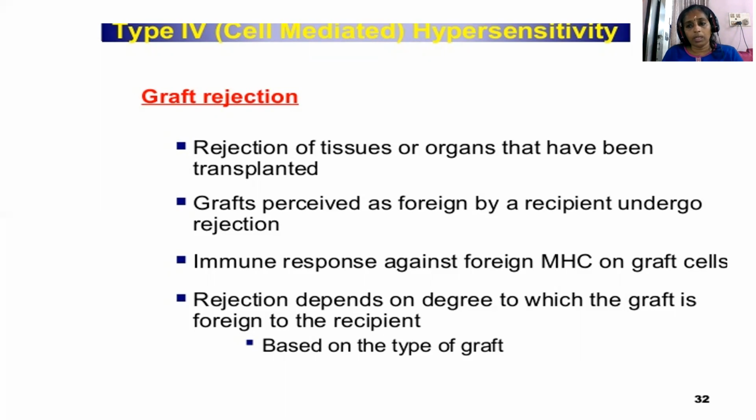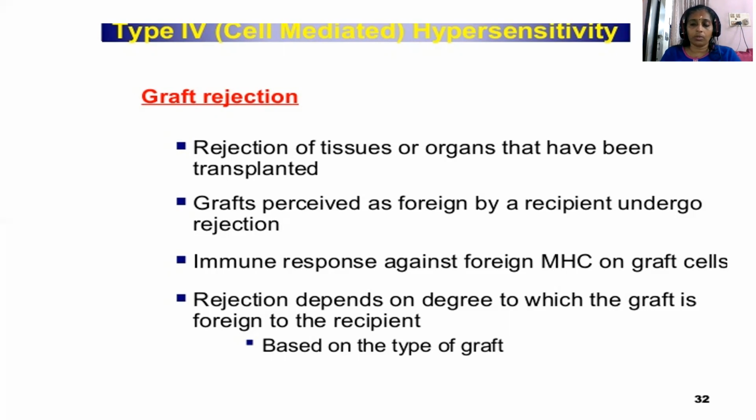So many types of tissue grafts are being done. The graft acceptance or rejection is based on how our immune system reacts with the graft. Rejection is another type of cell-mediated hypersensitivity reaction, that is, rejection of the transplanted organs. The graft is perceived as foreign and the recipient undergoes rejection.